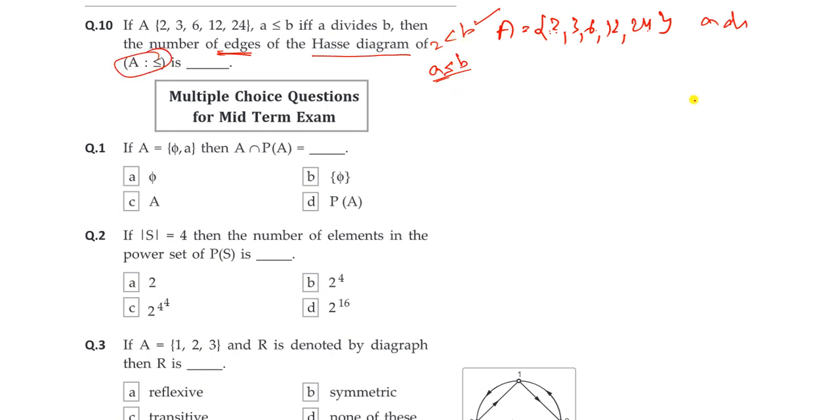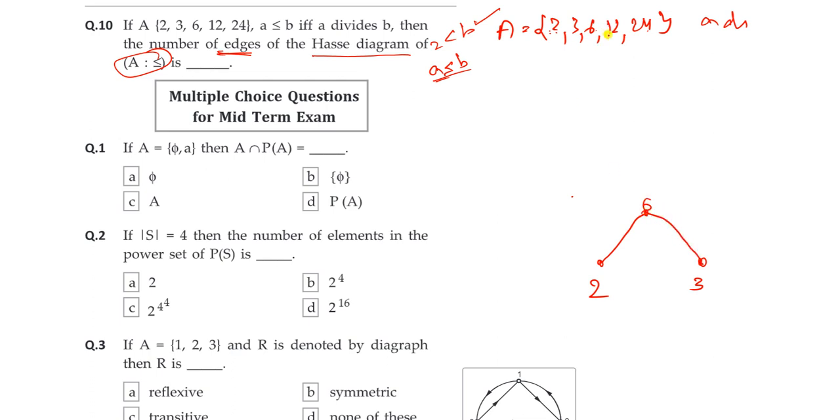So 2 and 3 are two elements, and we don't have a connection between 2 and 3, so they are independent elements. But 2 and 3 both divide 6. 2 divides 6 and 3 divides 6.